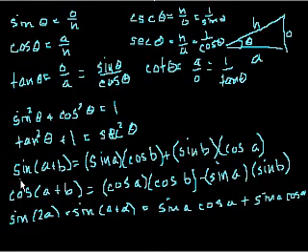I just used this sine of a plus b identity up here, and a and b are both a. And what does this equal? Well, this is two terms that are both sine of a cosine of a. So that just equals 2 sine of a cosine of a.